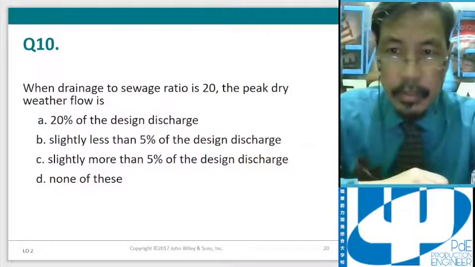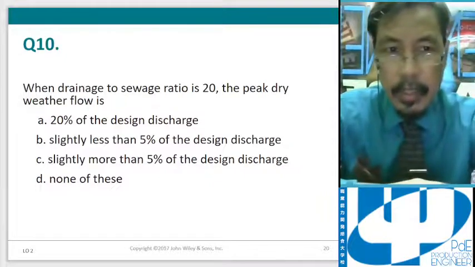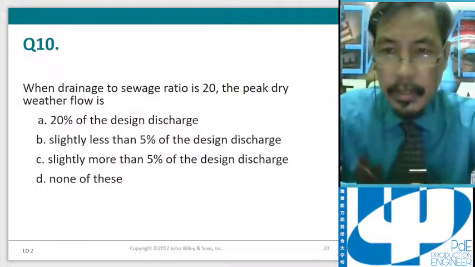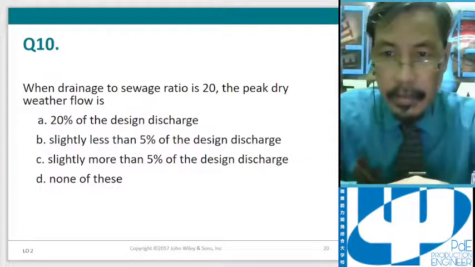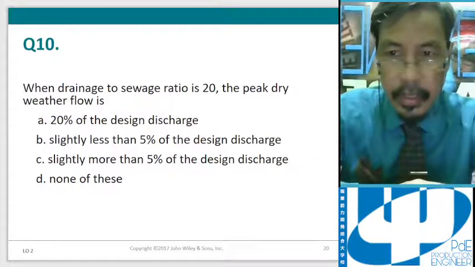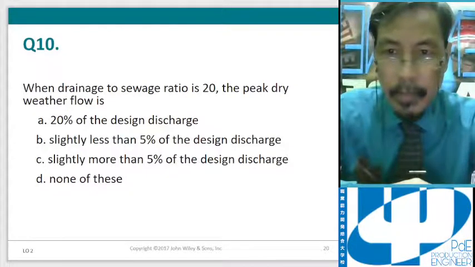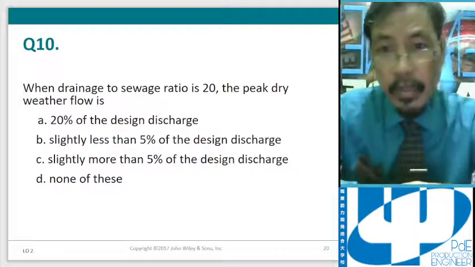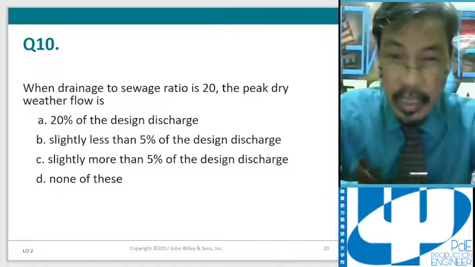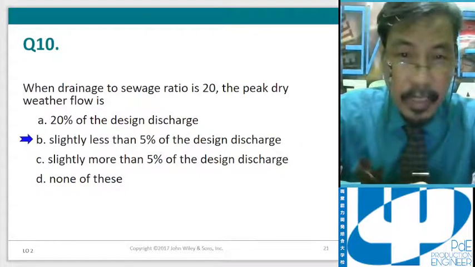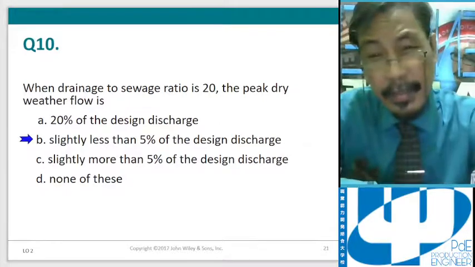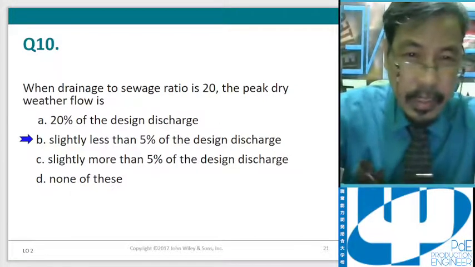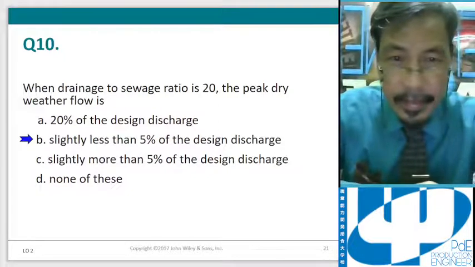Question 10. When drainage to sewage ratio is 20, the peak dry weather flow is A, 20% of the design discharge, B, slightly less than 5% of the design discharge, C, slightly more than 5% of the design discharge, D, none of this. So this is slightly less than 5%. So about 5%, slightly less than the design discharge.